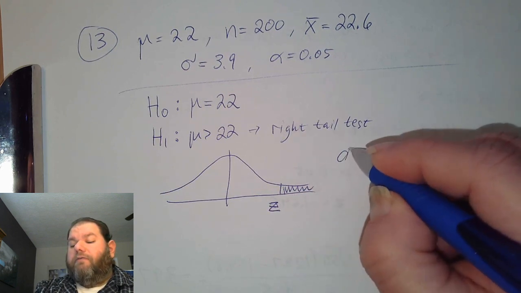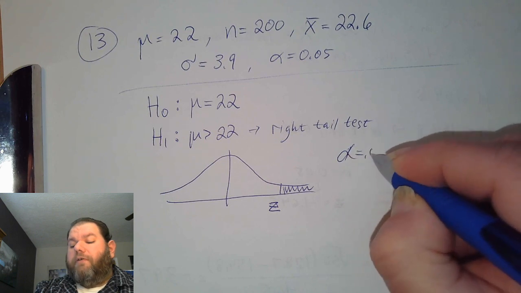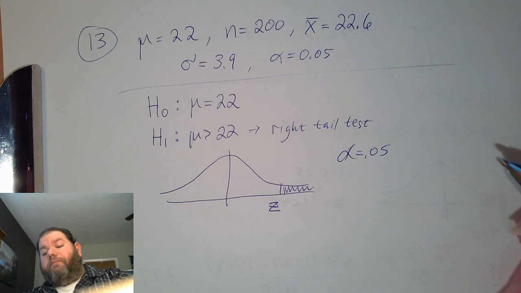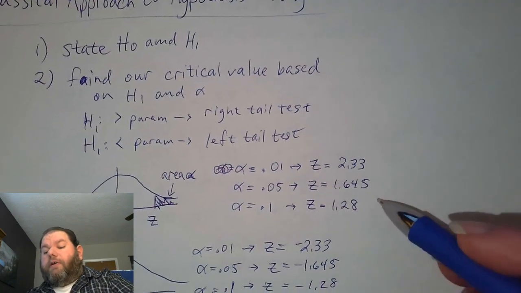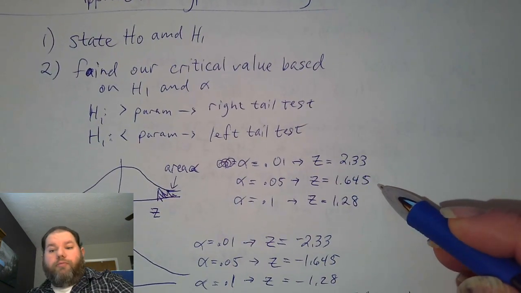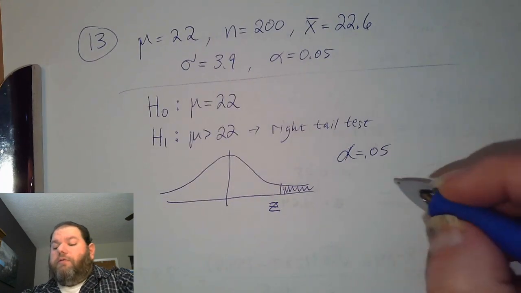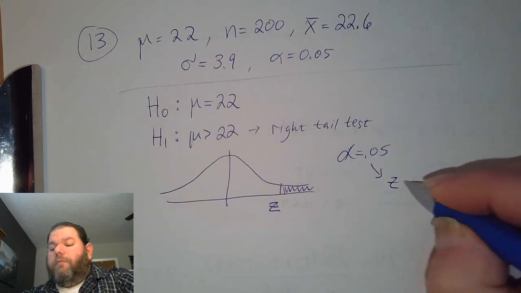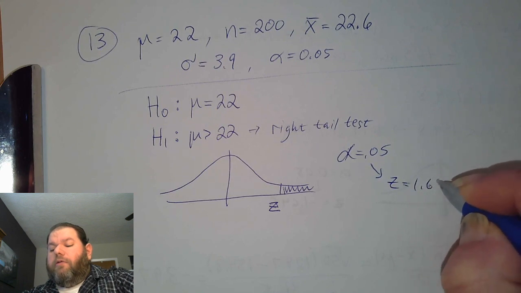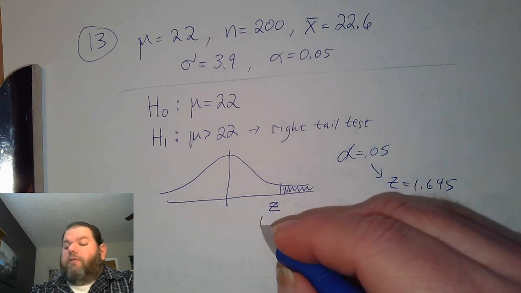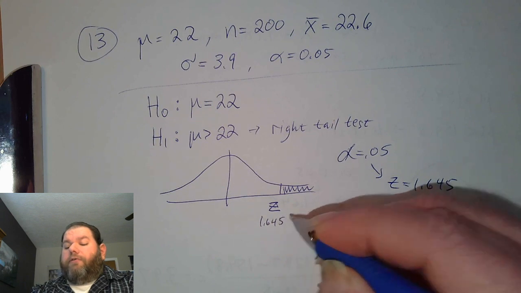And so for alpha equals 0.05, remember if we're on the right tail, we'll use z equals 1.645. So 1.645 is our critical point.